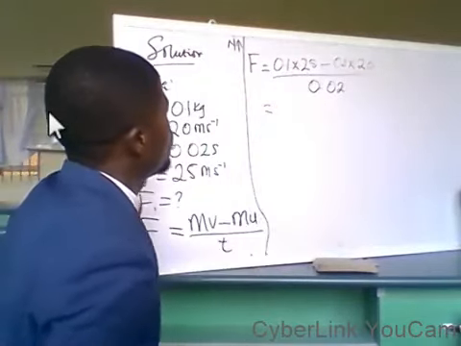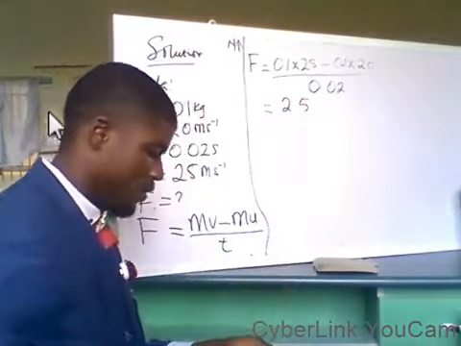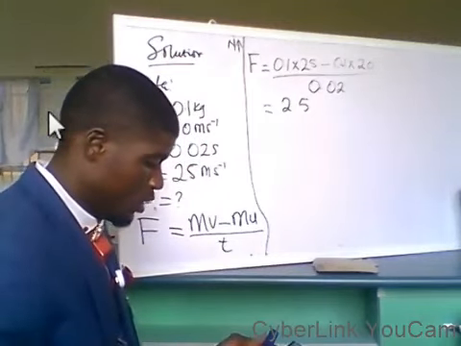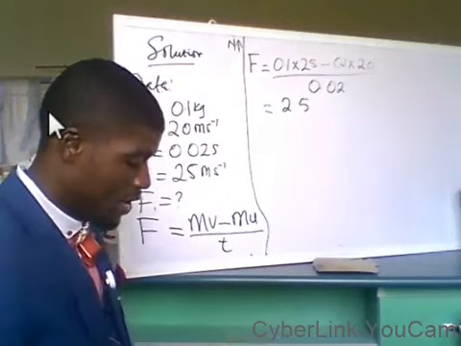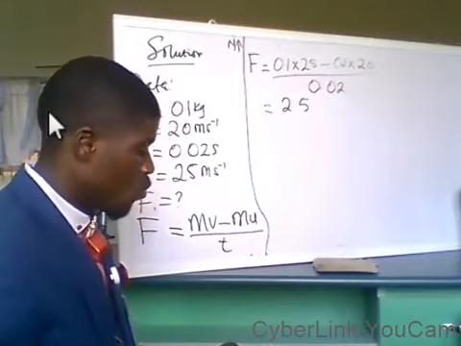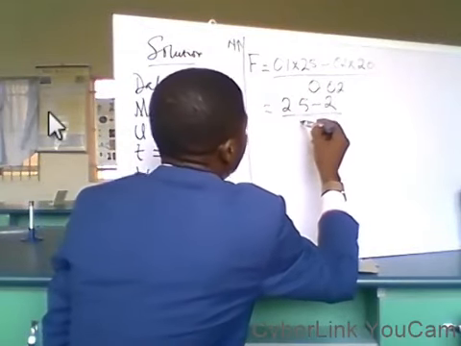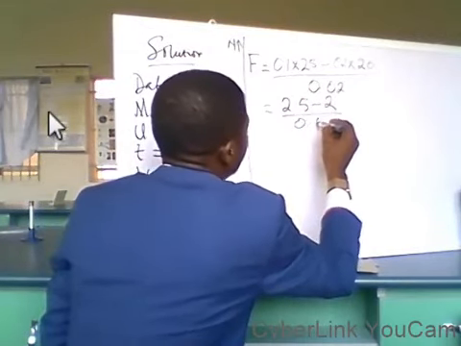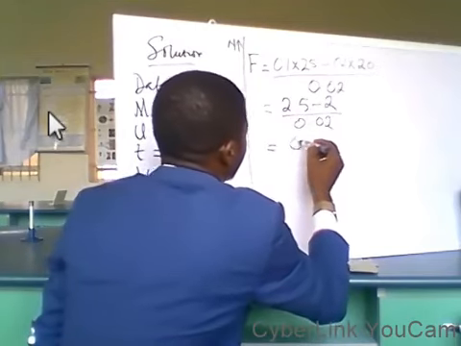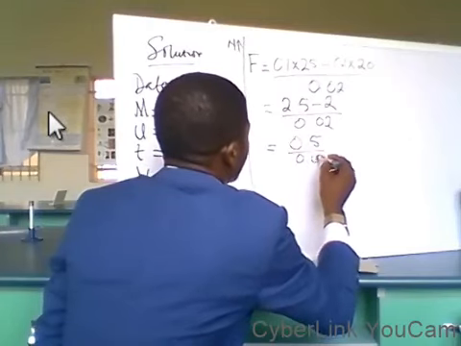0.1 times 25, we have 2.5, very good. So 0.1 times 20, we have 2. So we have this minus 2, divided by 0.02. So we have this minus this, we have 0.5 divided by 0.02.